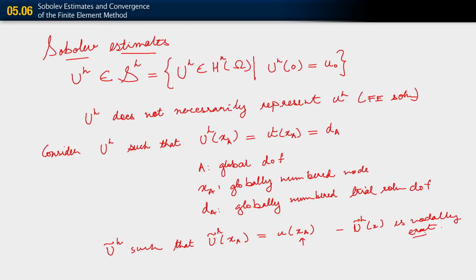Okay, I'm going to sketch it out for us. Suppose this is our domain, and for simplicity, let's just suppose we have linear basis functions. Okay, and suppose our exact solution is the following.